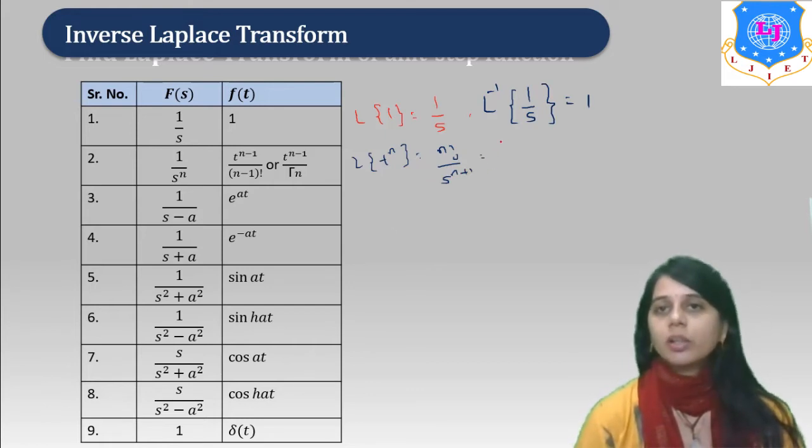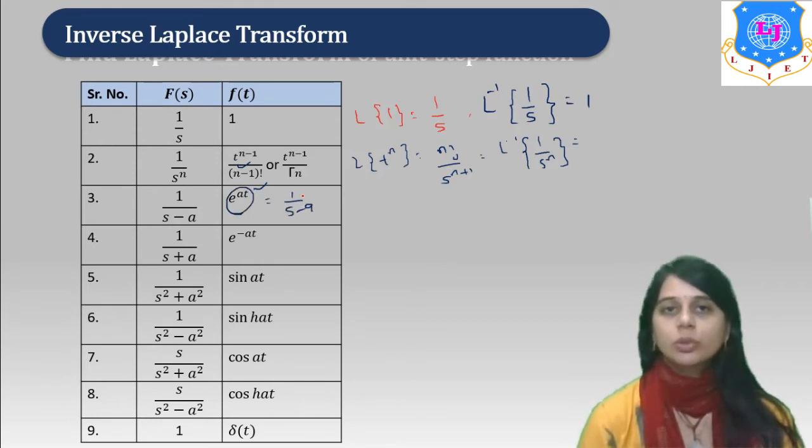So, here Laplace inverse of 1 upon s raised to n, we are taking t raised to n minus 1 upon n minus 1 factorial. Similarly, Laplace of e raised to at is 1 upon s minus a. So, inverse of this is e raised to at. Inverse of 1 upon s plus a is e raised to minus at.